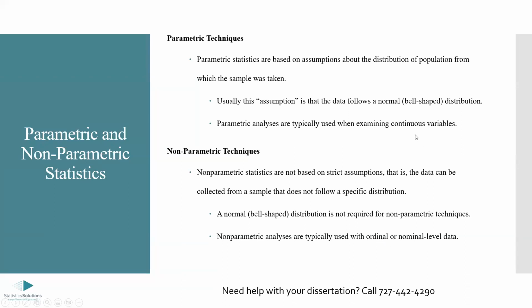We'll take a look at these different continuous, ordinal, and nominal data and examples to look for that. But also the idea is if you are proposing a parametric technique and normality is not supported, many times you can shift to a non-parametric alternative instead, and we'll take a look at some examples.